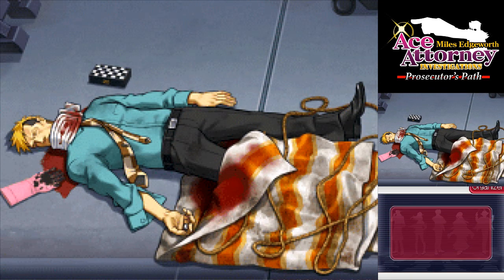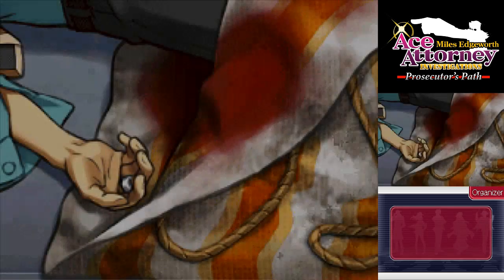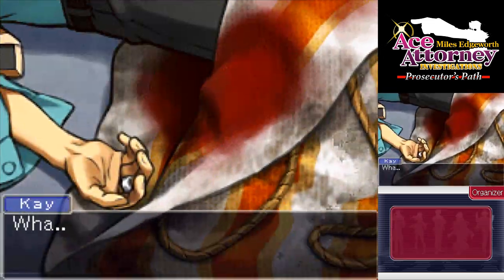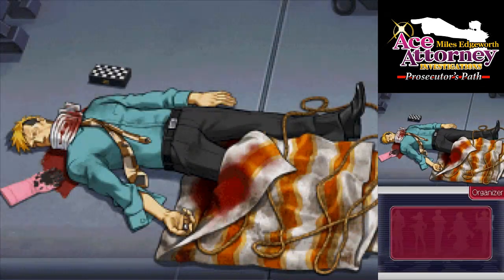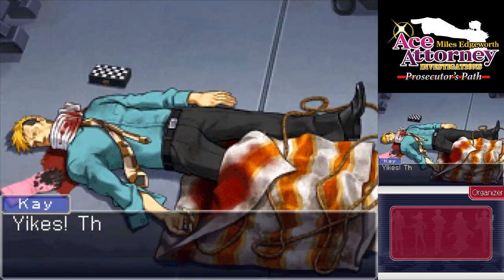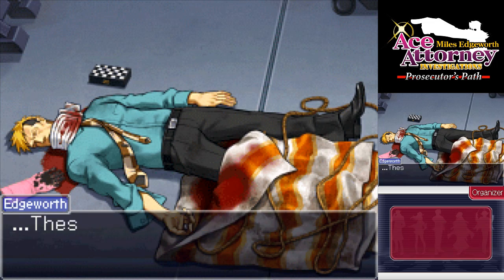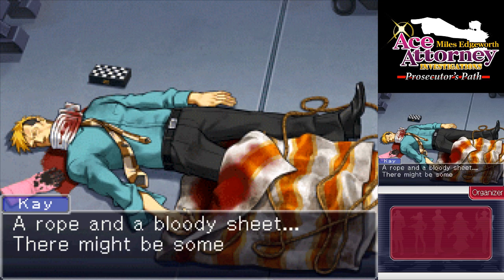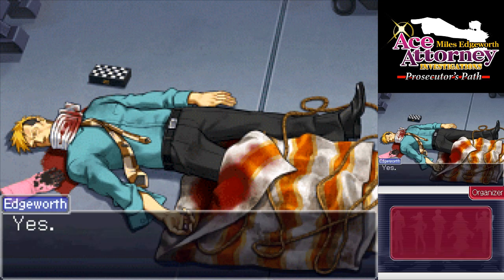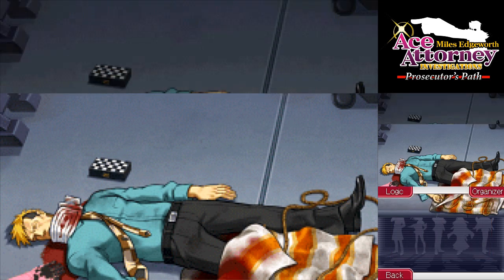Well, let's look at that ring again. There's something on his finger. It really is bright red, sir! These appear to be bloodstains. A rope and a bloody sheet. There might be something else.